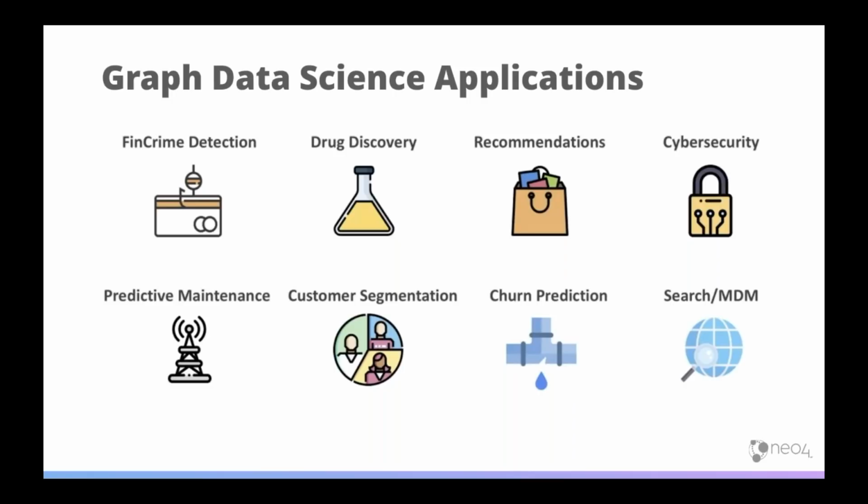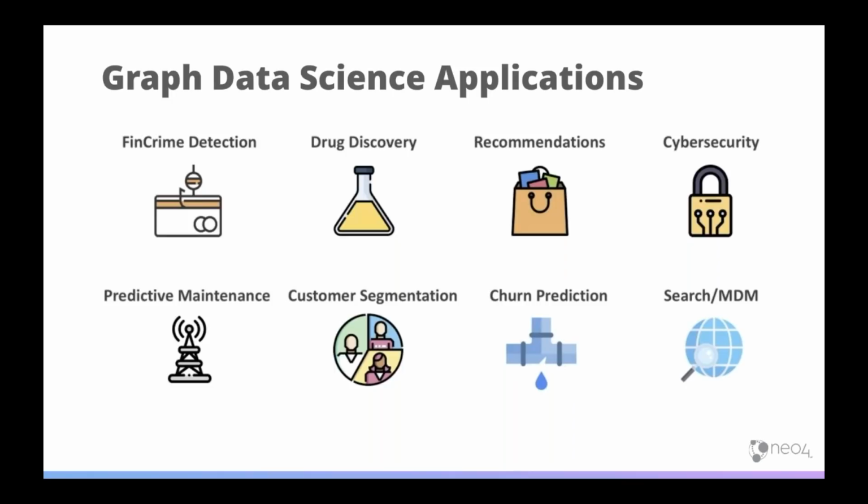Recommendations, probably no surprise, understanding the proper product or service to recommend to somebody, knowing who their connections are and preferences of their connections is extremely important. And profiling, of course, understanding what communities people belong to is very important.